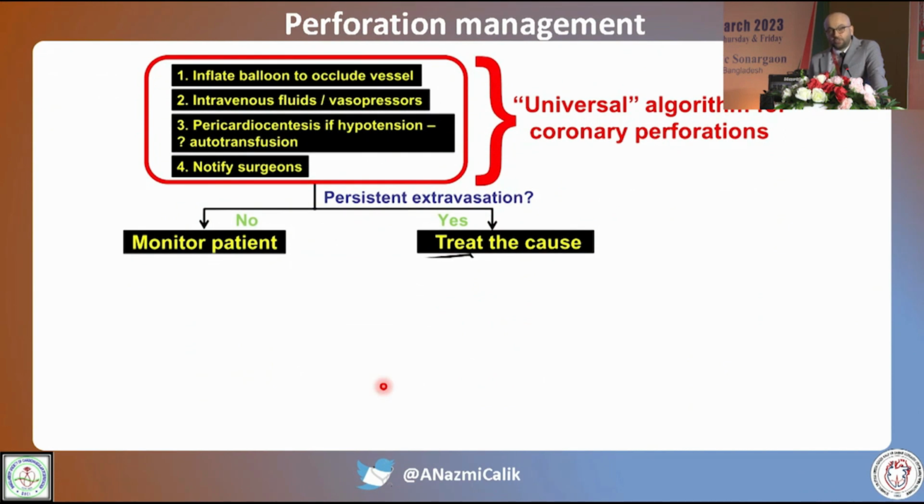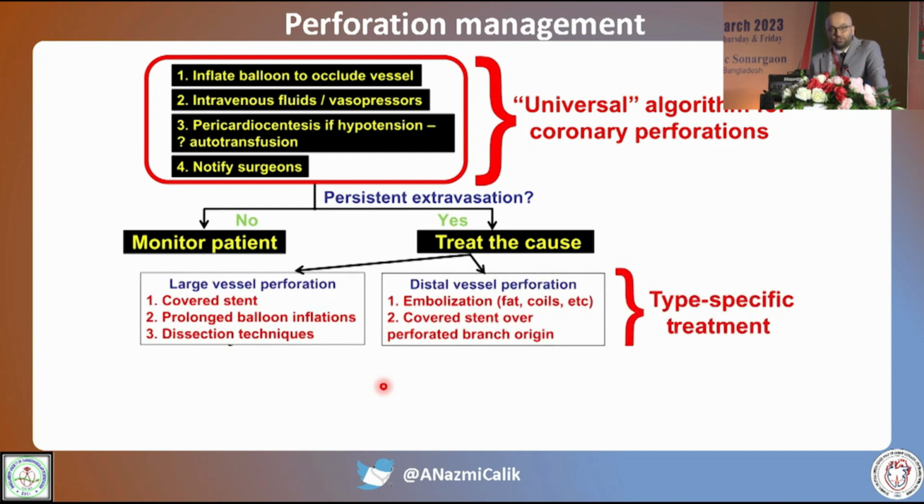This is a universal algorithm for all types of perforations. First, as in our case, you have to inflate the balloon. You have to give intravenous fluids. You have to be prepared for pericardiocentesis, and you have to call the surgeons. And if your perforation persists, you have to deliver a type-specific treatment.